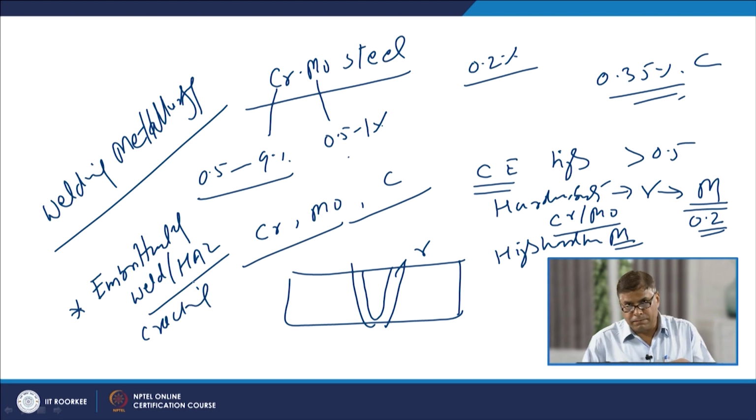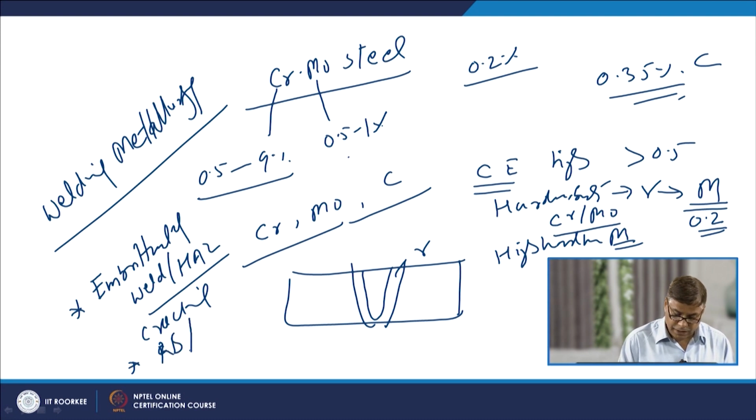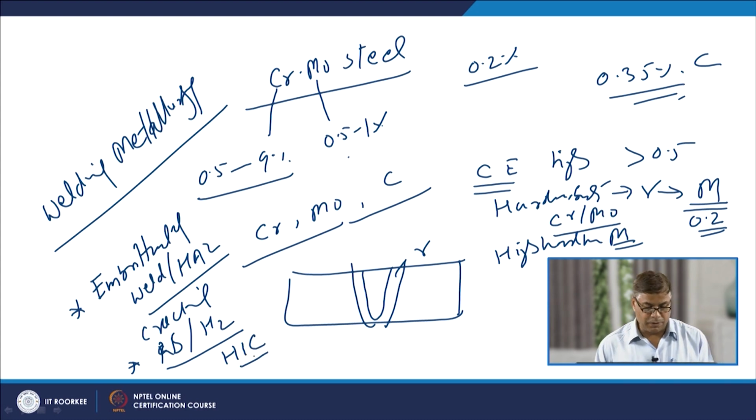At the same time, the development of residual tensile stresses during the welding of these steels cannot be overruled. There will always be some residual stresses, and if hydrogen is enriched in the weld as well as the heat affected zone due to poor control over the welding conditions, then the presence of both sometimes promotes hydrogen induced cracking or hydrogen assisted cracking.